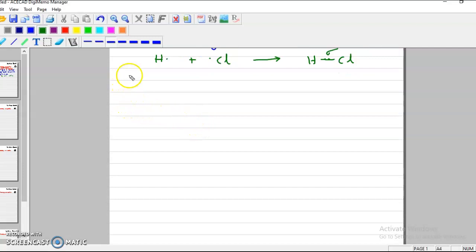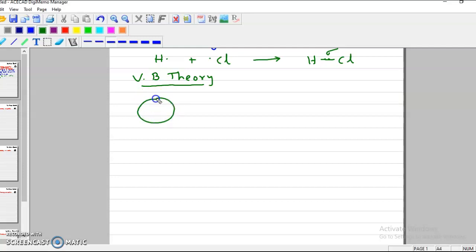The next thing, in detail, is given by valence bond theory. According to valence bond theory, we have to explain the bond between hydrogen and chlorine. Let us take it this way.